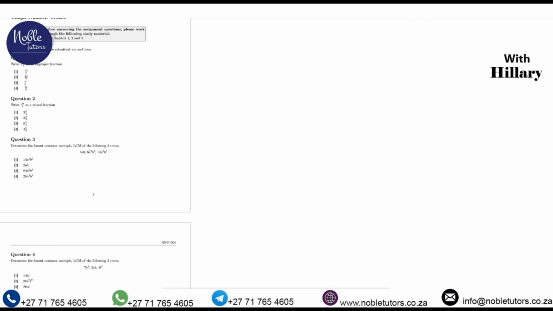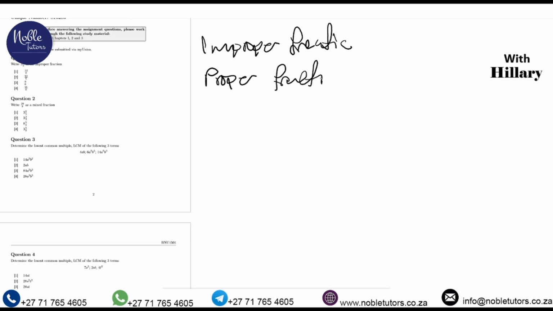On question number 1, they gave us a fraction. When you're dealing with fractions, there are 3 basic types of fractions: an improper fraction, a proper fraction, and a mixed fraction.